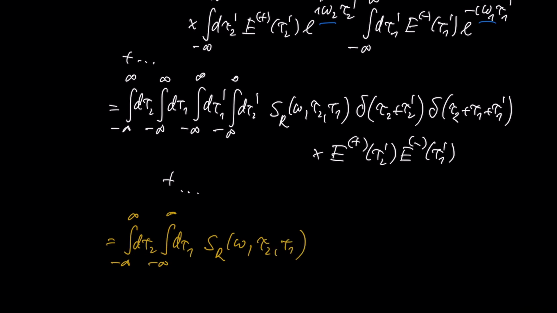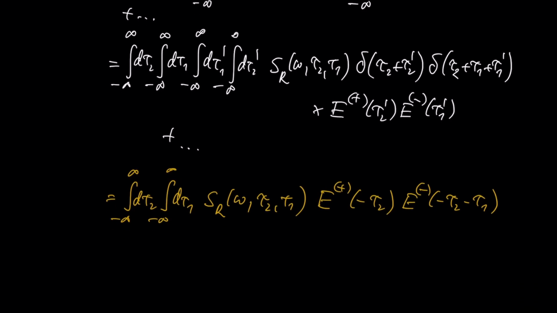So this has come out as before. And here is E plus of minus tau 2 and E minus of minus tau 2 and minus tau 1. That comes from the delta functions. This is somewhat suspicious, but we will clearly be able to identify what that means.